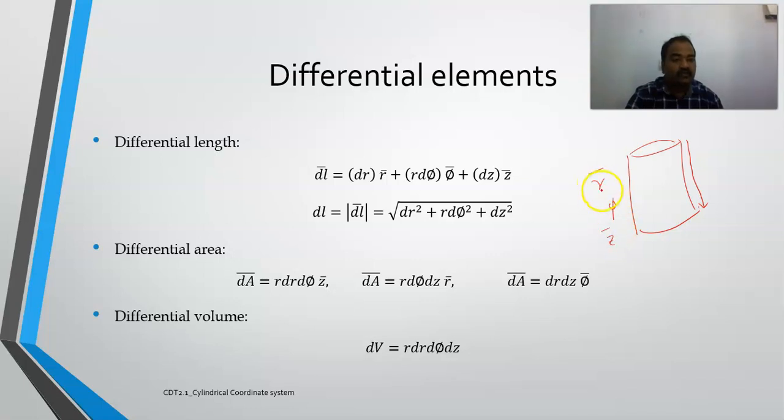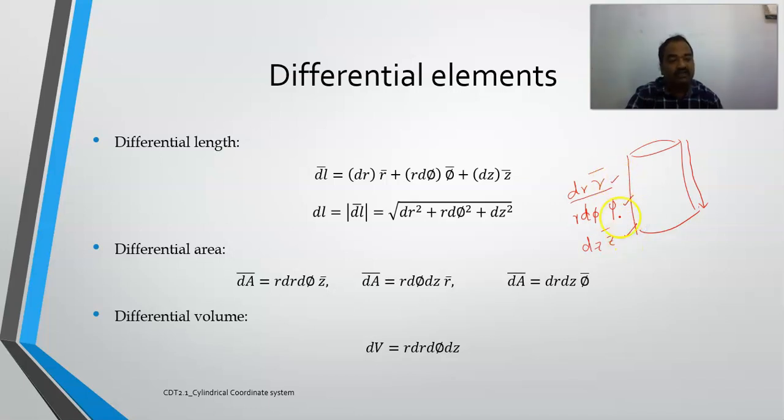In the R direction, that small length is dr. In terms of Z, it is dz. But remember, phi is an angle, not a length, so I'll consider it as R d phi. These are the differential lengths in R, phi, and Z directions.